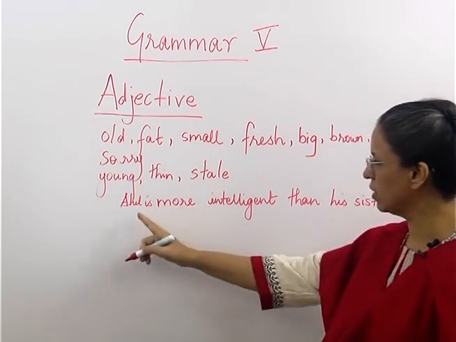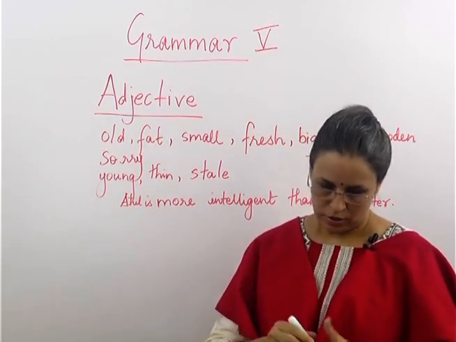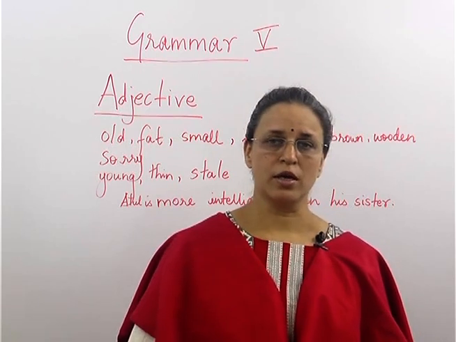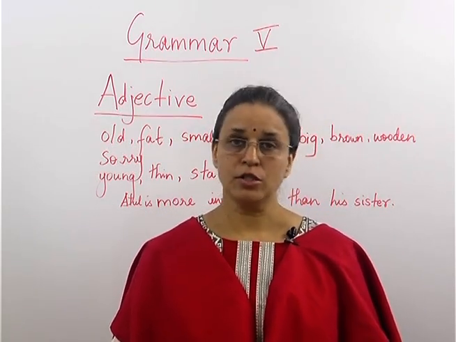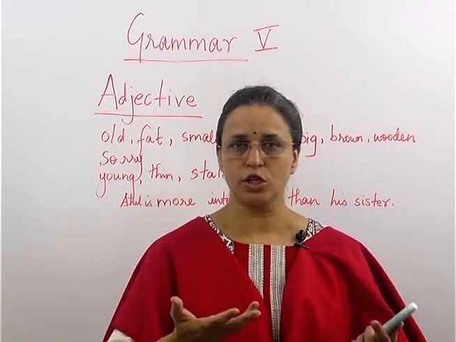So, you are comparing Atul and his sister. Okay. Next example, more frightening. Suppose you say that horror movies are more frightening than stories. When you are reading, you may not be so frightened, but when you are watching it, you will be very frightened.